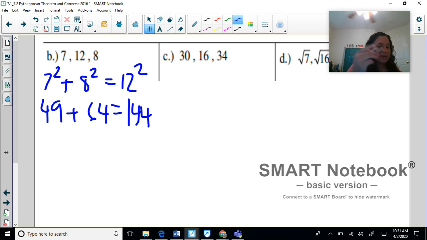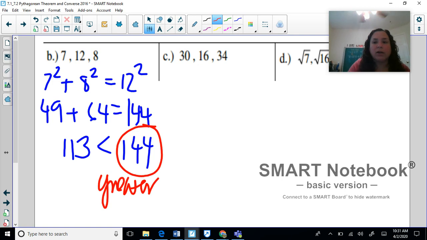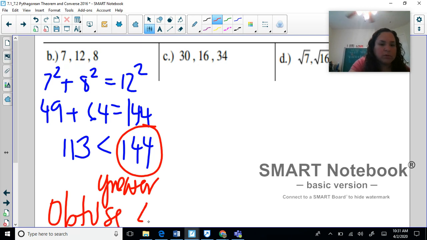Okay, if we add the sum of 49 plus 64, we get 113. We want to know, is 113 greater than 144 or smaller than 144? It's actually smaller. So that means that the c squared is greater, right? So if it's greater, then in this case, we have what you call an obtuse triangle.